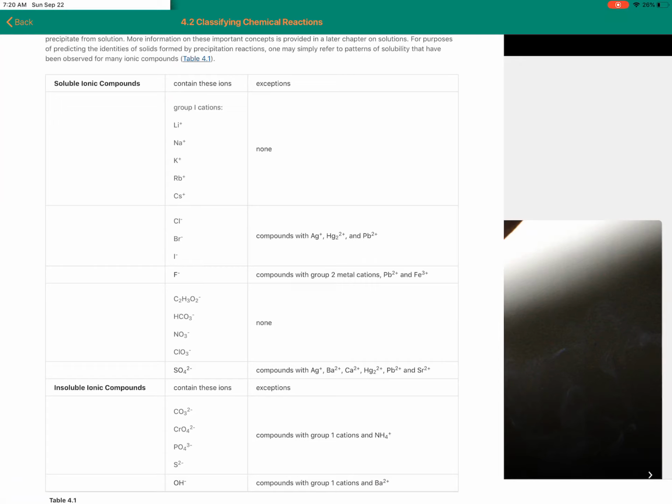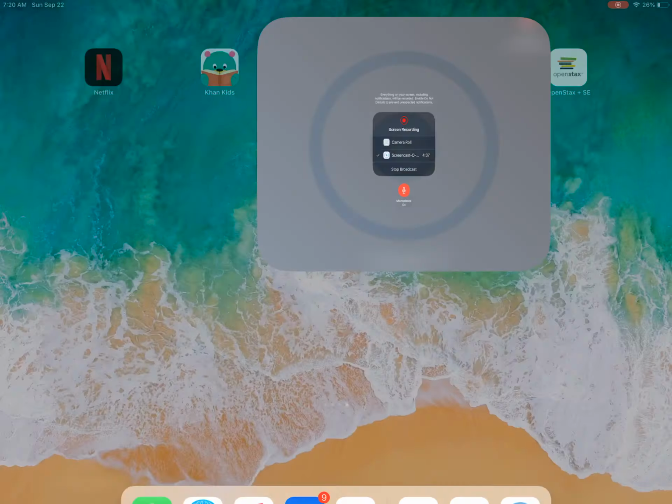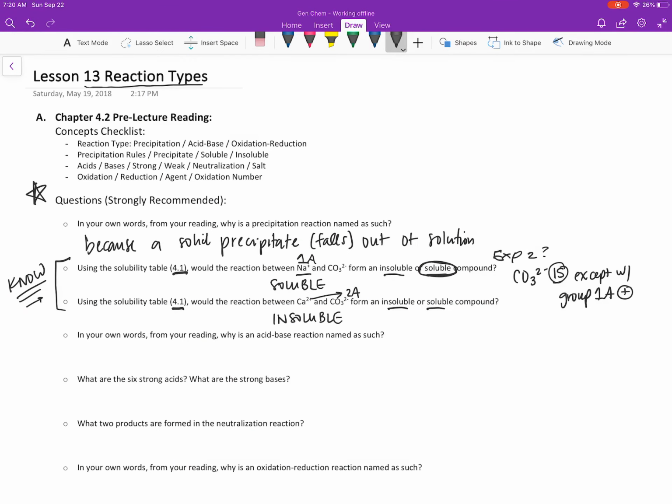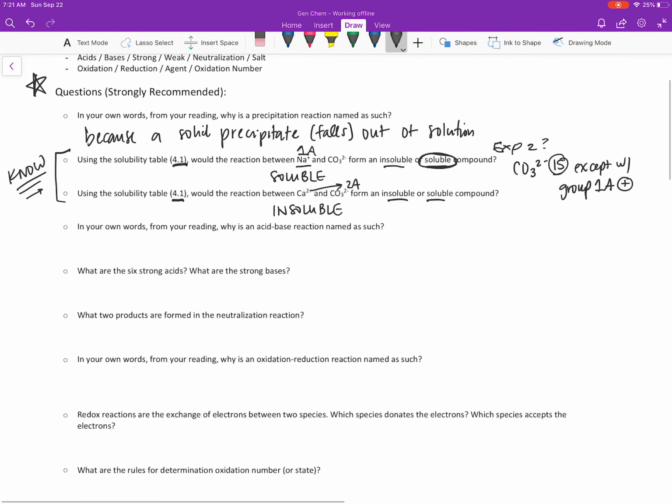I would suggest looking for a solubility table that you like, that makes sense to you, and making some note cards. You need to know the solubility rules, and the reason you need to know them for my test is that on the ACS test, you're going to have questions about predicting solubility. So it's good to practice knowing them now so that you're not surprised at the final that you needed to know these all along.